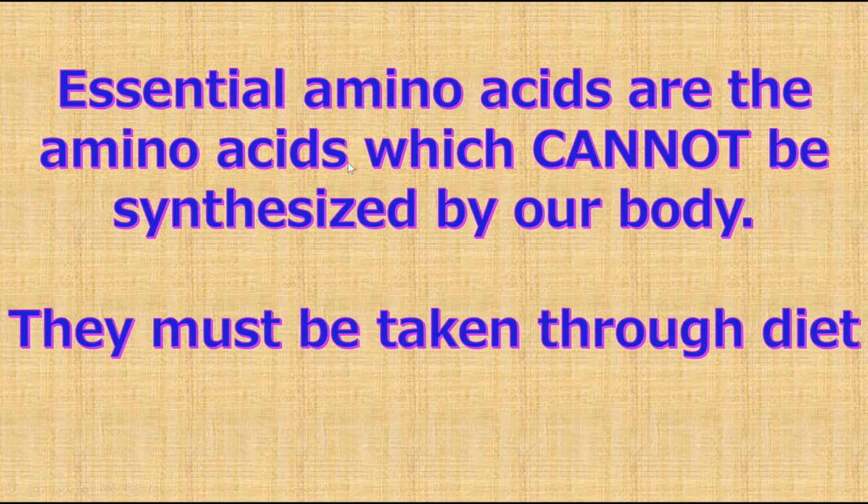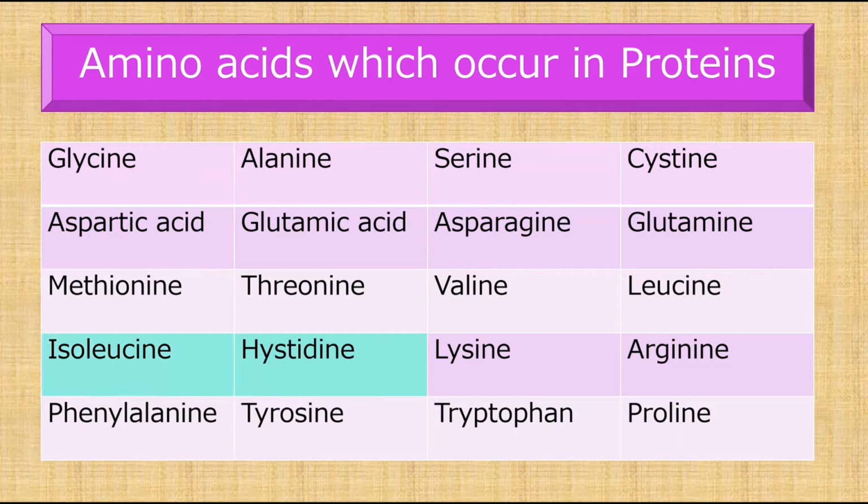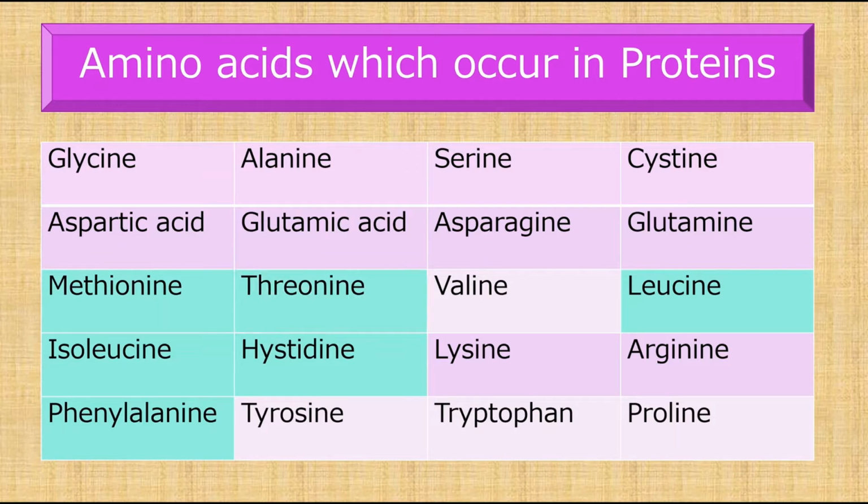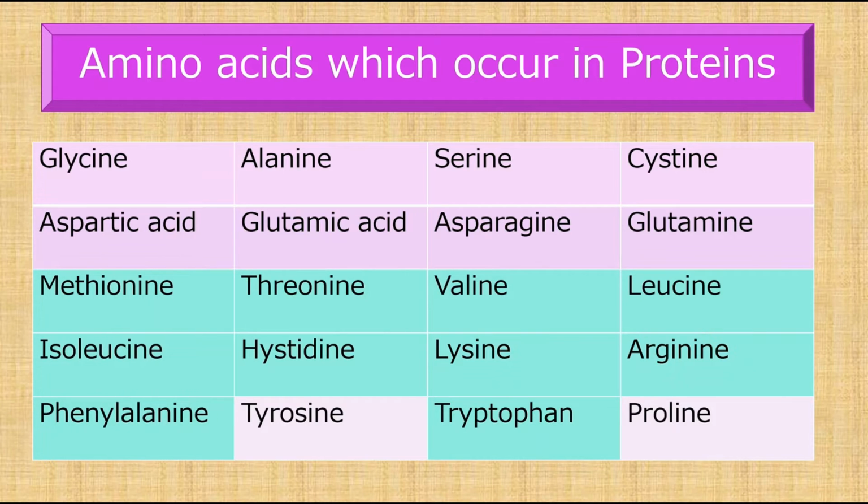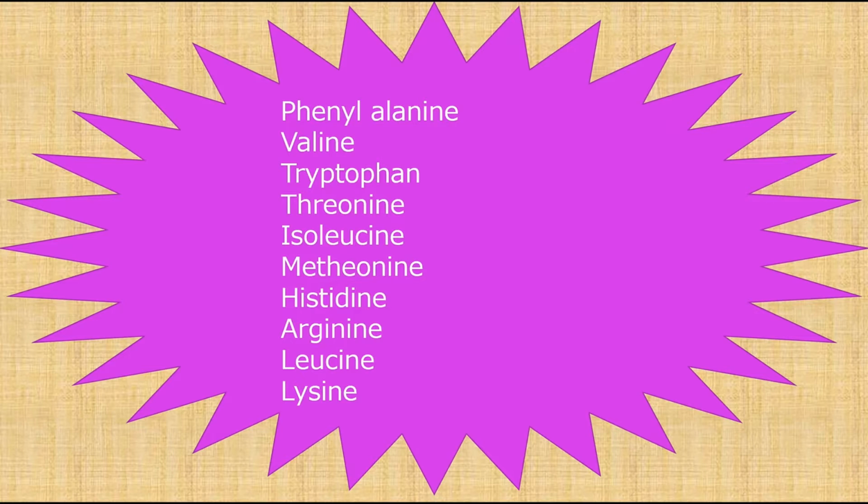Now, this one is important. I will show you a list of essential amino acids which are necessary for our body. They are histidine, isoleucine, leucine, methionine, phenylalanine, threonine, tryptophan, valine, lysine. Now, how will you memorize it?